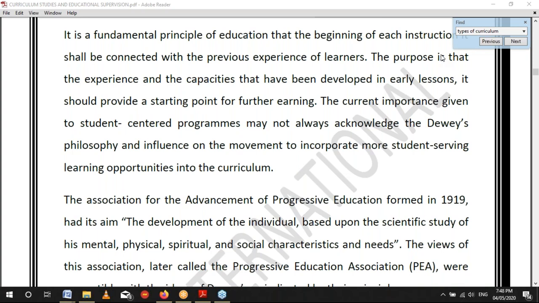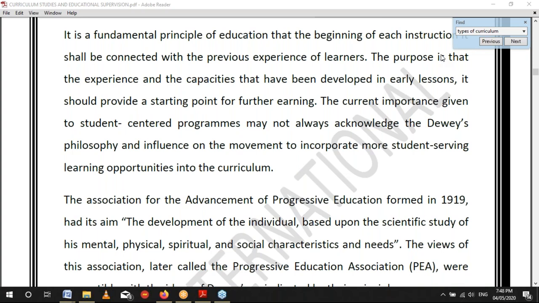What the children want, or the first needs of the children, is what determines what the teacher will be teaching in the class. That is what the teacher should do.